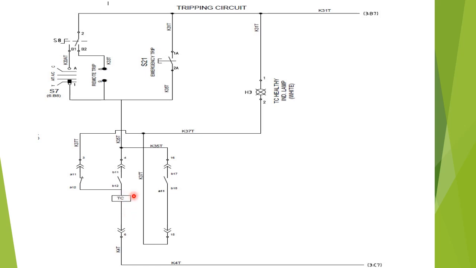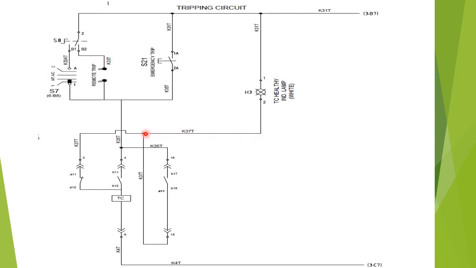So pre-close supervision is done via this resistance of this lamp, via this auxiliary NC contact and the trip coil. So here is the path for the pre-close supervision.